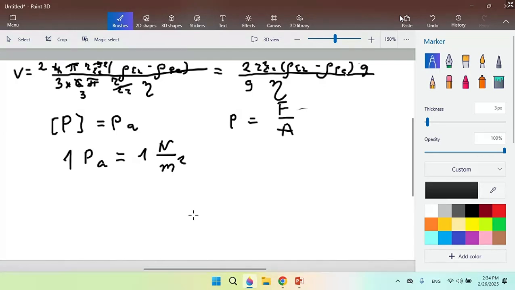This formula we used today to derive the equation for the erythrocyte sedimentation rate, since travel velocity is derived from the Stokes force.